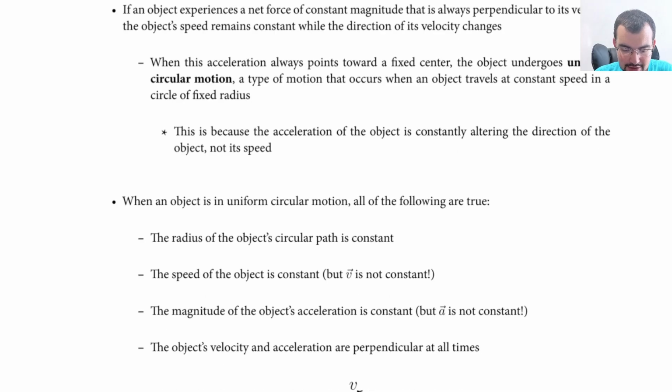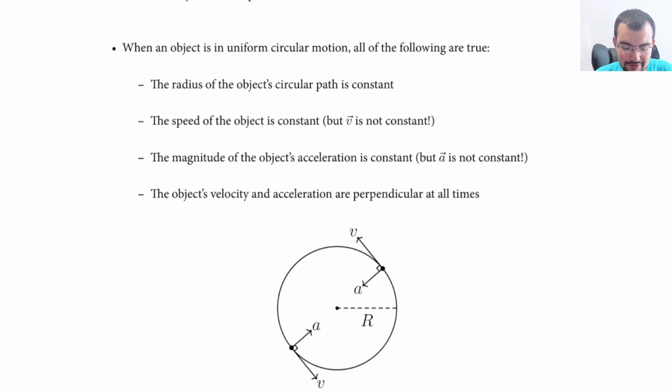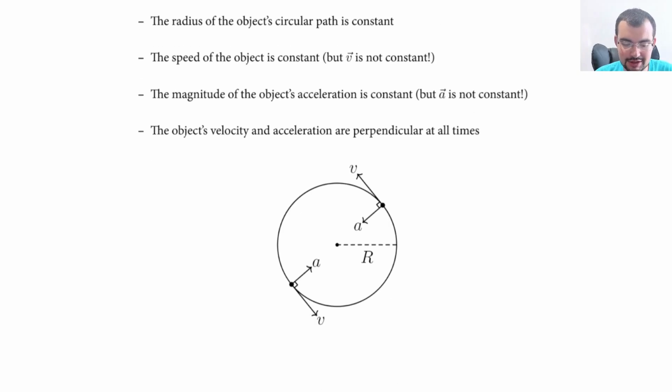And we have lots of interesting properties we can derive from this uniform circular motion. Now, the obvious one is that if you're in a circle, the radius of your path is constant. And also, by definition of uniform, the speed must be constant. But also realize that means v is not constant because the velocity vector is changing, to point in opposite directions on opposite sides of the clock right there.